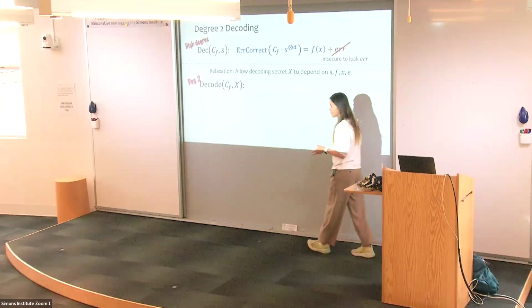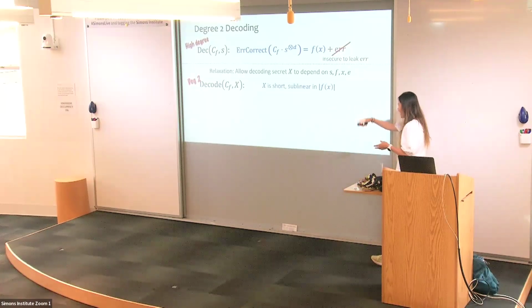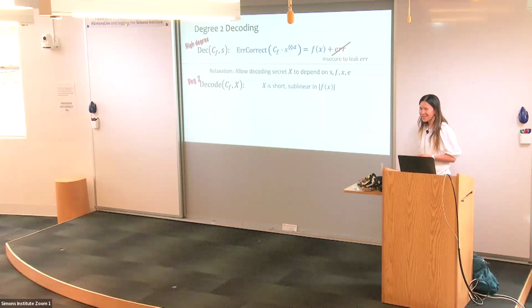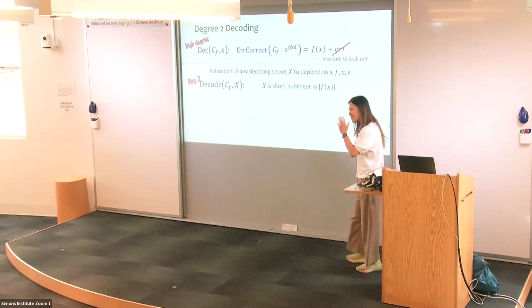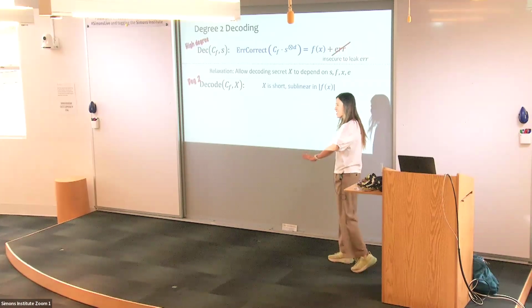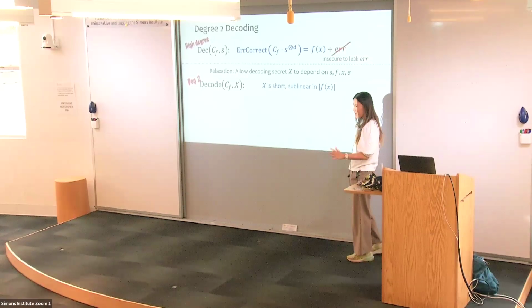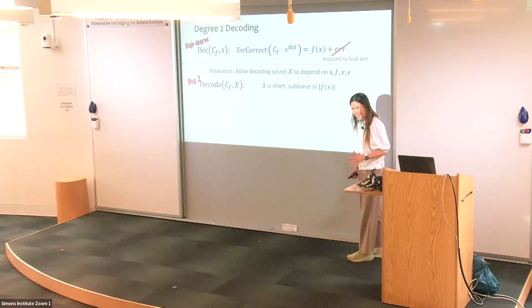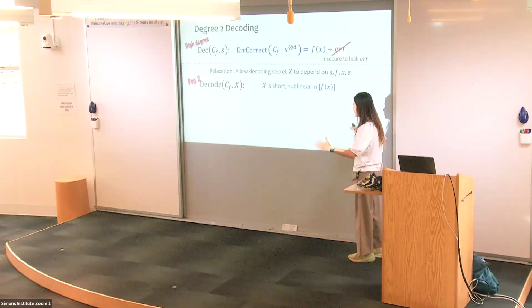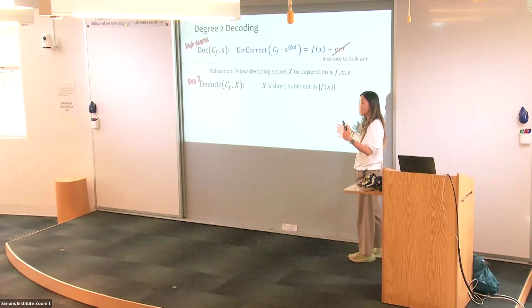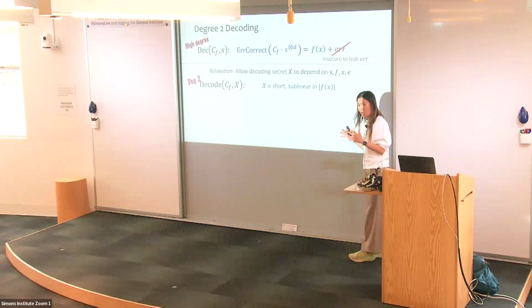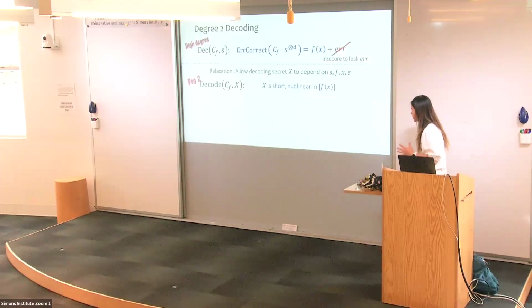Yeah. That's a capital X to be f of little x? Exactly, yeah. The additional constraint is, remember, we always need to make sure that everything is succinct, right? So hence we rule out the trivial way, which is to set X to be f of x, then decoding does nothing. Instead, we want this decoding secret to be short. Its length is smaller than the length of the output.